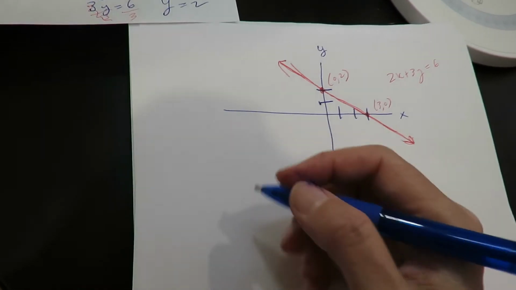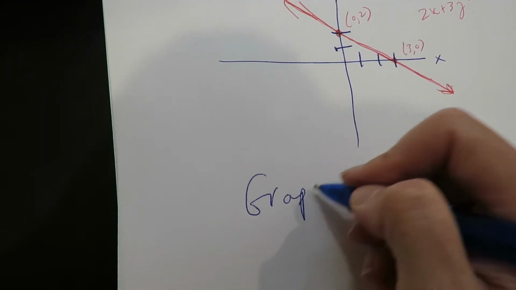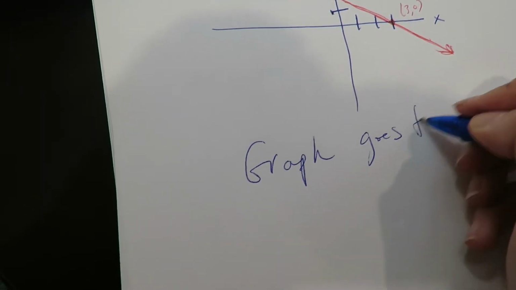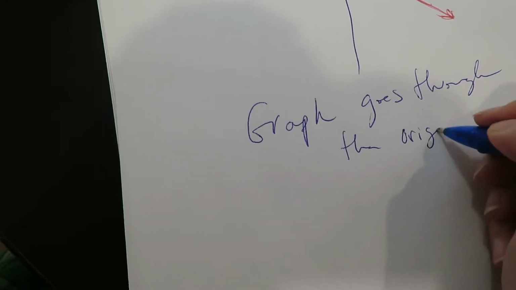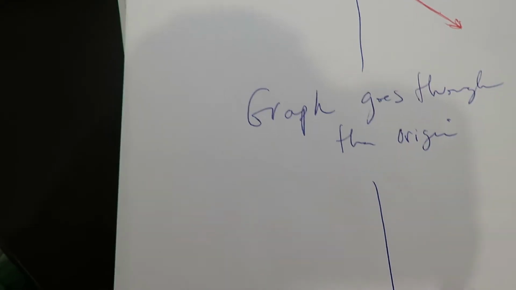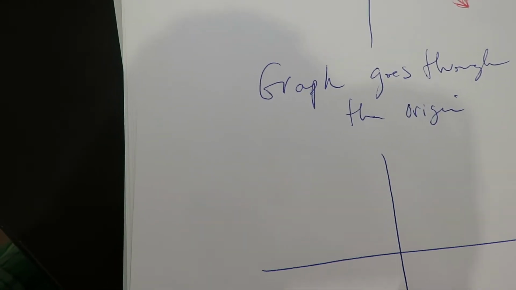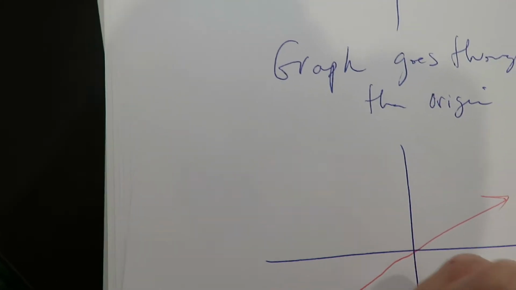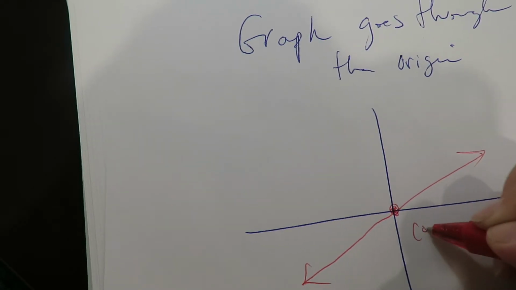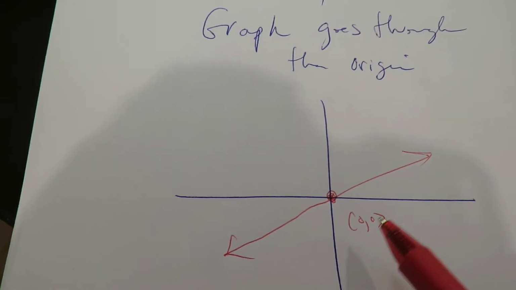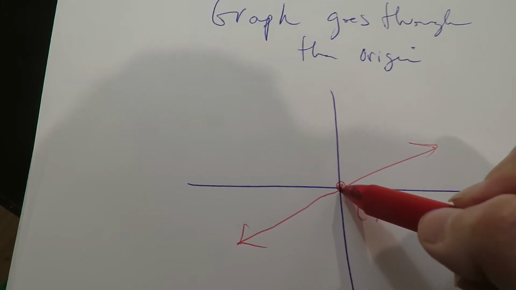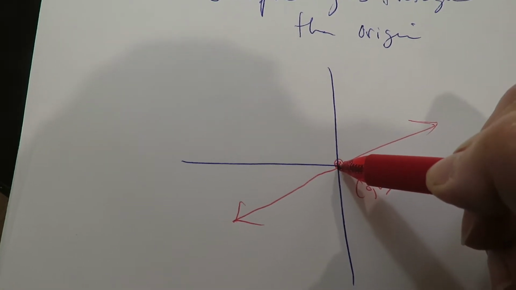The next type of graph is when the graph goes through the origin. Okay, if your graph is going through the origin, you can't use the intercept method because you only touch the axis once, right?